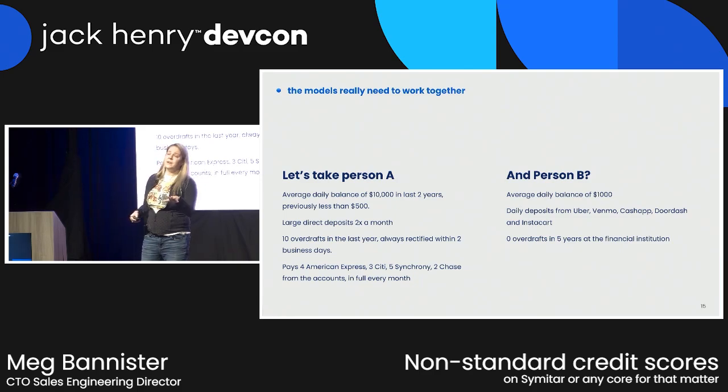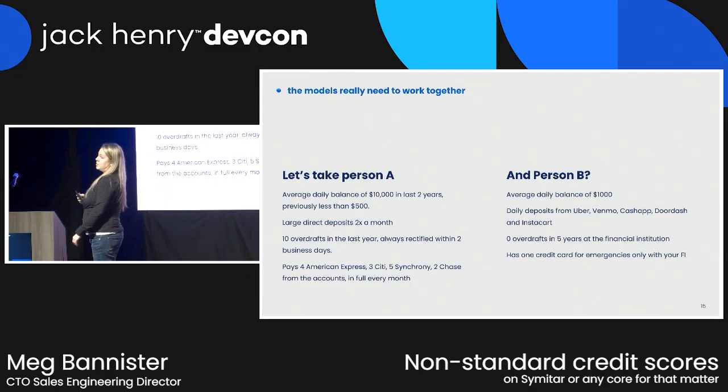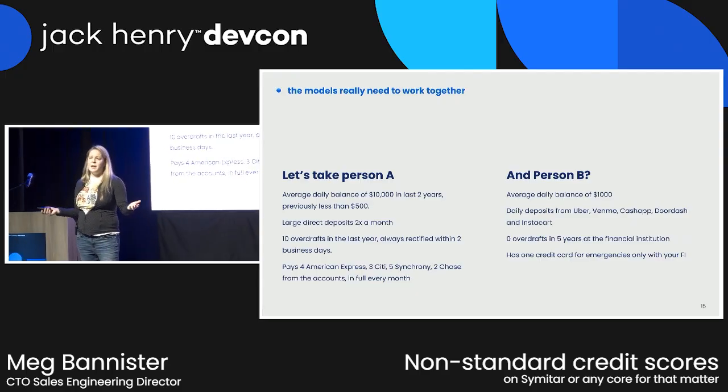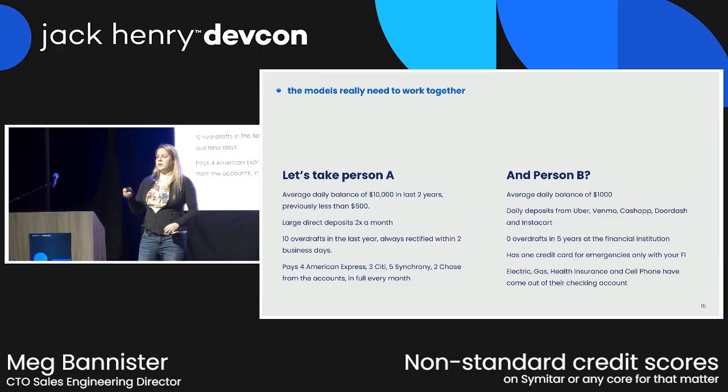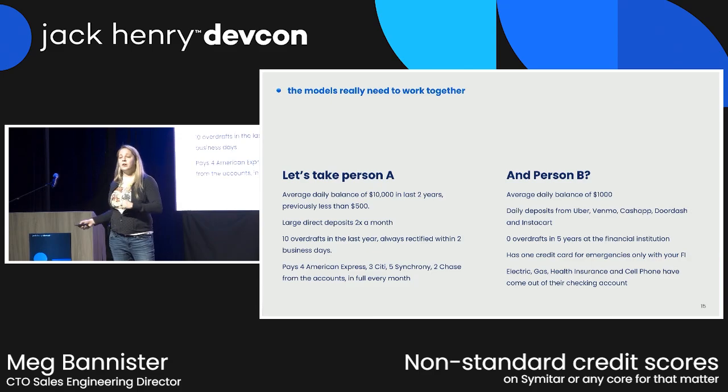Now, I say at your financial institution; at this point, we don't know if they have a ChexSystems record or something somewhere else, but at your financial institution, zero. They have 1 credit card, just 1. It's for emergencies, and it's with your bank or credit union. Maybe it's a $500 balance. I think it's under 1,000 in this particular case, but again, small. And every single one of their bills comes out of your checking account, whether it's bill pay, or cutting a check or something like that. The truth is it's all coming out of there.